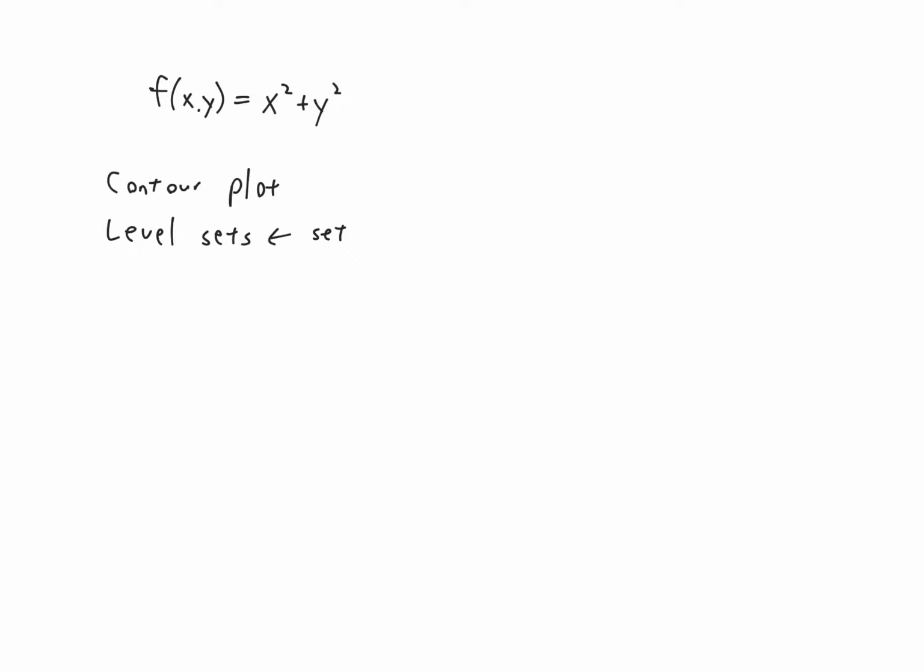So these are sets along which f is constant. So let's try and draw a picture of the level sets for this function. So this is going to involve setting the function equal to various constants.